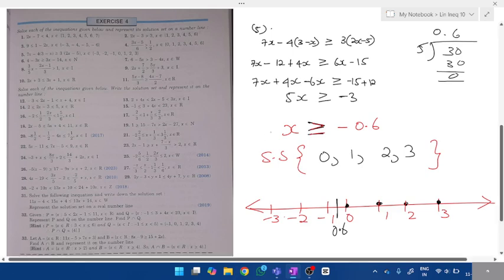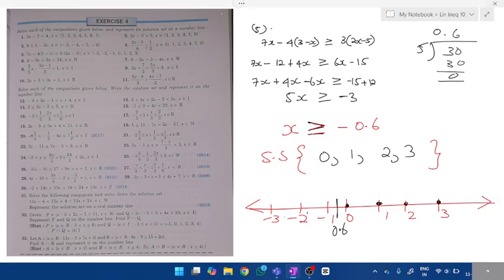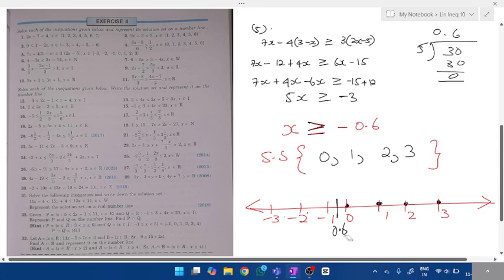Okay, 0, 1, 2, 3. You don't have to show the 0.6, students, in the answer, greater than or equal to minus 0.6. So the answer is 0, 1, 2, 3.